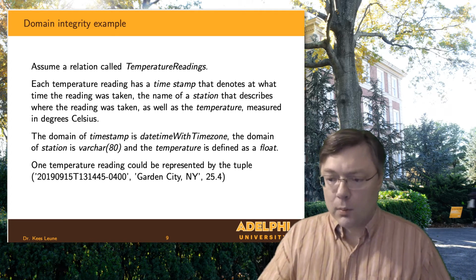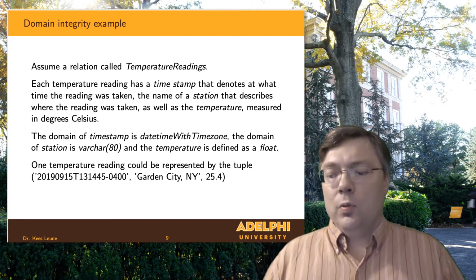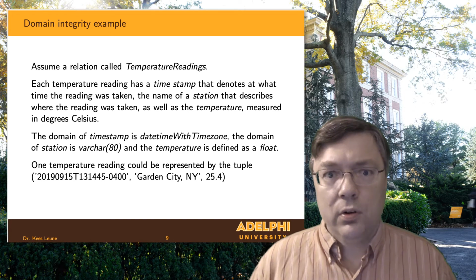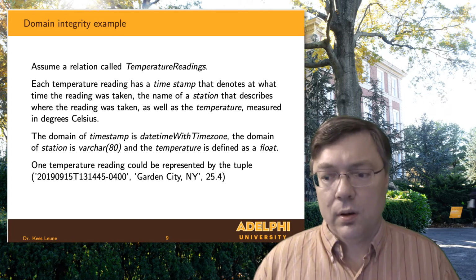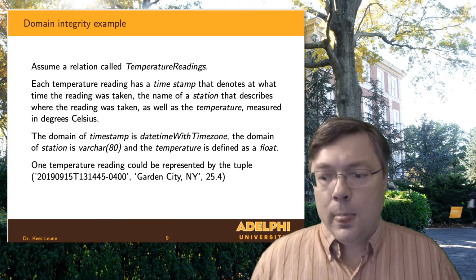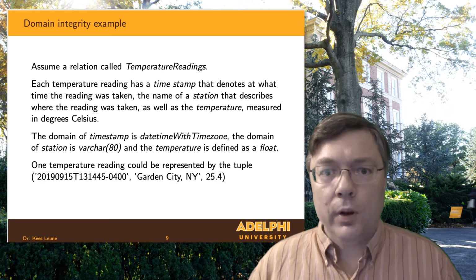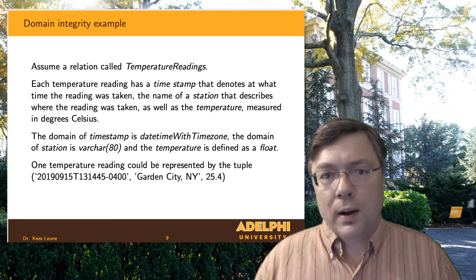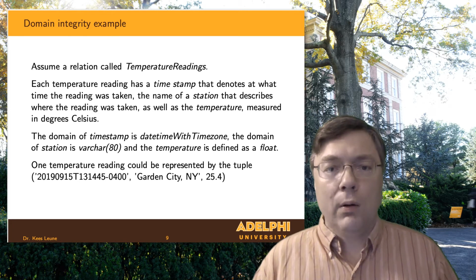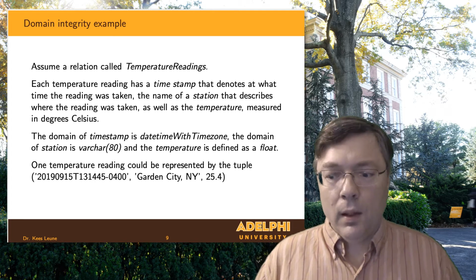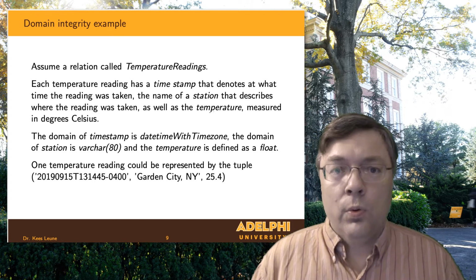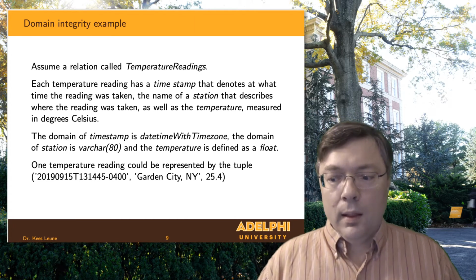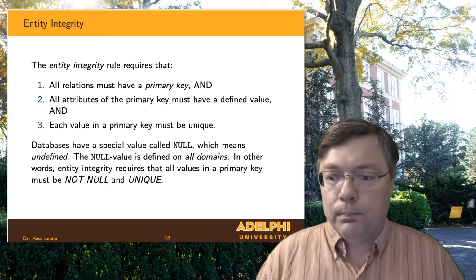And so my tuple becomes what you see on the slide behind me, 2019-09-15, that's the date, in an unambiguous notation, always year, month, date, the letter T, and then in 24-hour clock, the number of hours, minutes, and seconds, followed by plus or minus 0400, a 4-hour offset from the time zone. It is not a very friendly way to write this for human consumption, but the computer can make easy sense of this. And so I can easily represent that.